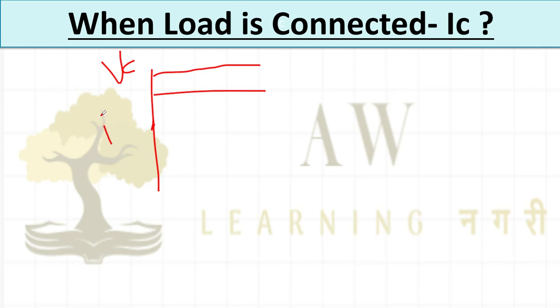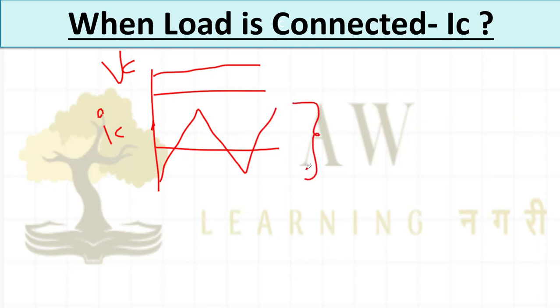What about the capacitor current? If you are thinking that for any DC to DC converter the capacitor current will increase, then decrease, then increase, then you are wrong. This is not always the waveform for the capacitor current.